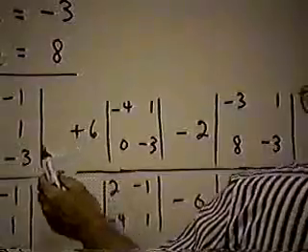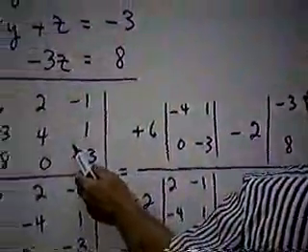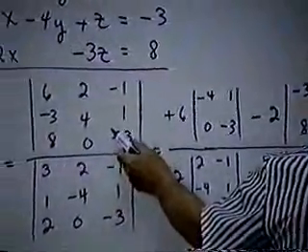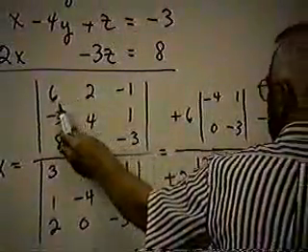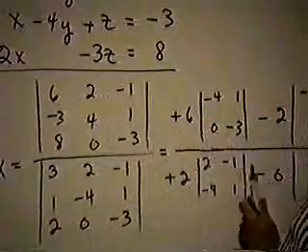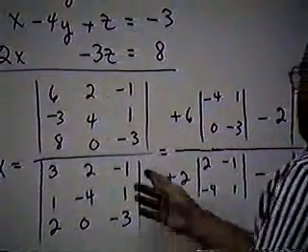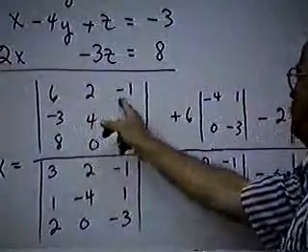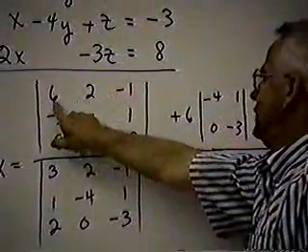Now, this is called the cofactor minor method. Just in case somebody wants you to do it this way, I'm going to show you. Then I'll show you another method in a minute. What we will do is pick this row. We can pick any row, any column that we wish. We will pick this row and use it. So I'm going to take the 6.